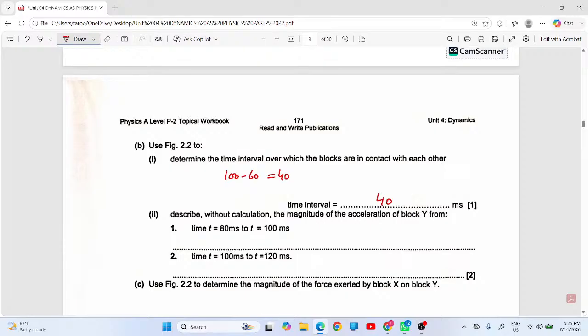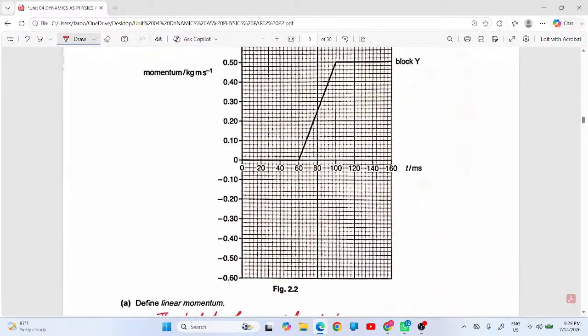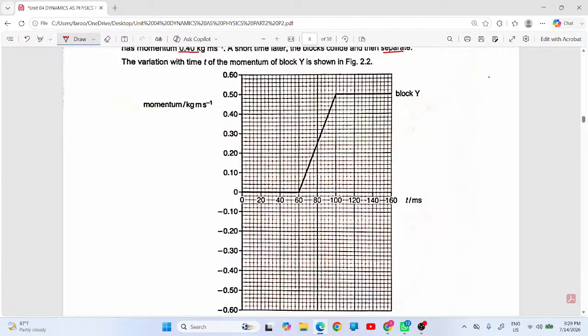Next: describe, without calculation, the magnitude of the acceleration of block Y from t equals 80 milliseconds to 100 milliseconds. From 80 to 100, what is happening? What is the gradient of this graph? Constant. So delta t is constant, therefore the acceleration is constant.